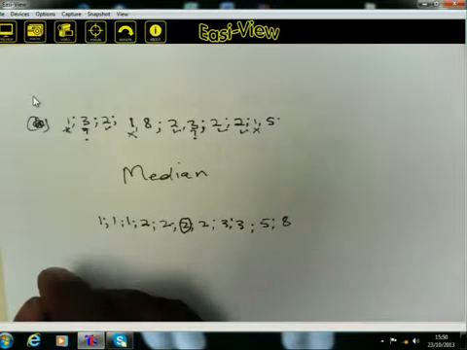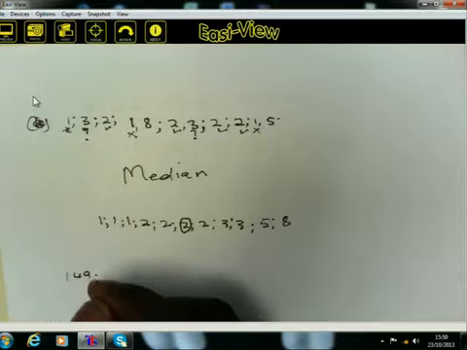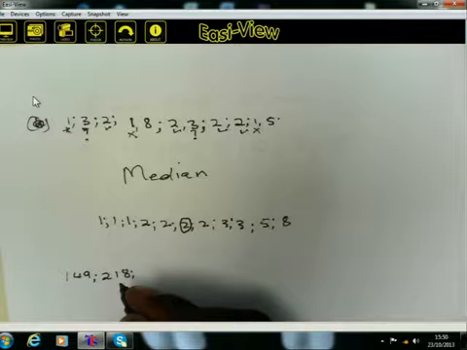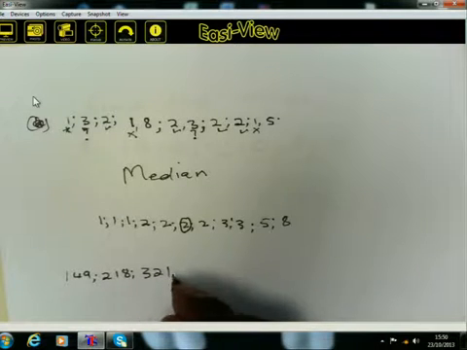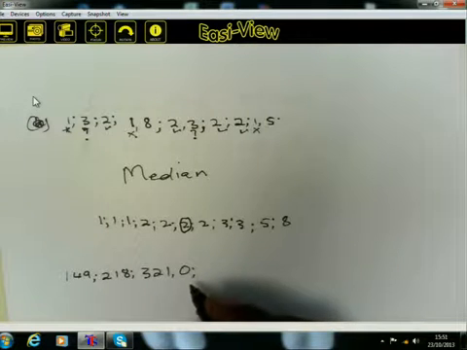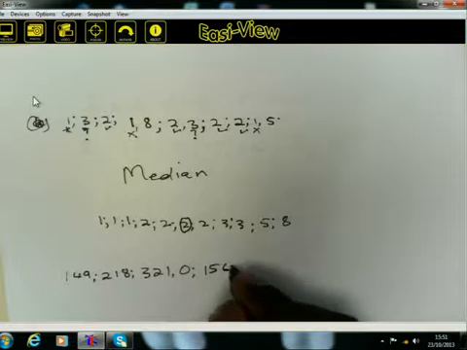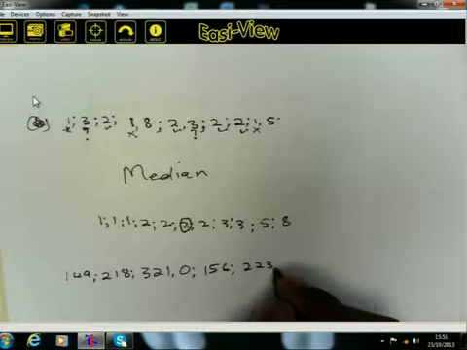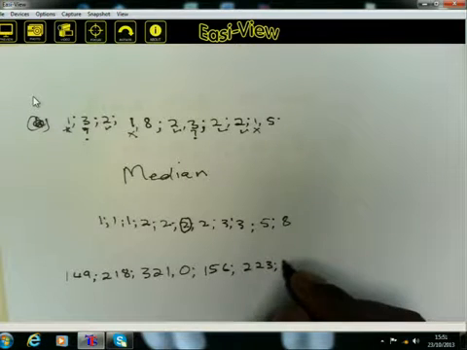Now let's check the last one. The numbers that are given are 149, 218, 321, 0, 156, 223, 219.